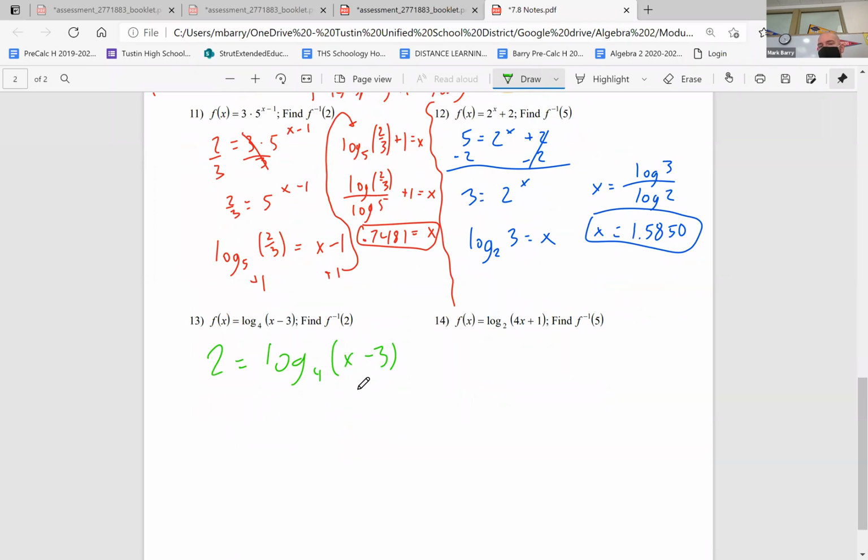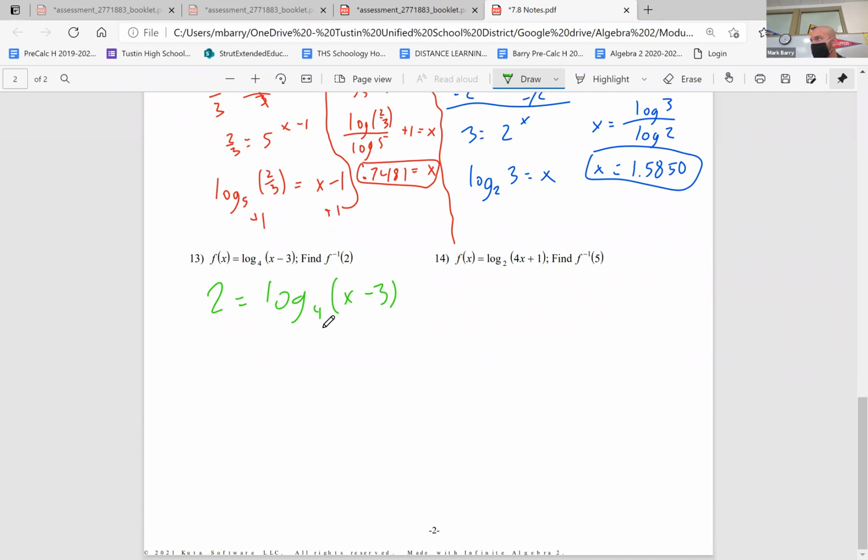X is inside of a logarithm, and that actually means on these ones, we have to switch it to exponential form. So this is kind of the other direction. So if it starts off in exponential form, we switch it to log form. Starts off in log form, we're going to switch it to exponential form. So I'm going to rewrite it with no log as an exponential. So the base of my exponent comes from the base of the log. That's going to be 4.